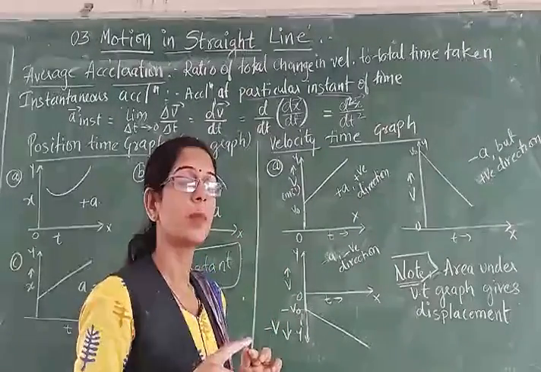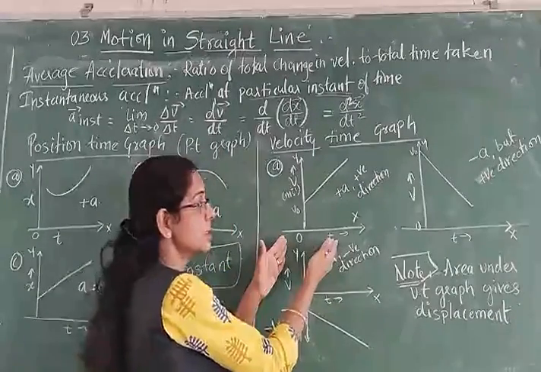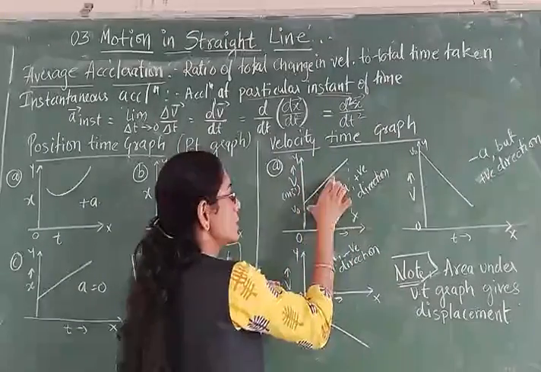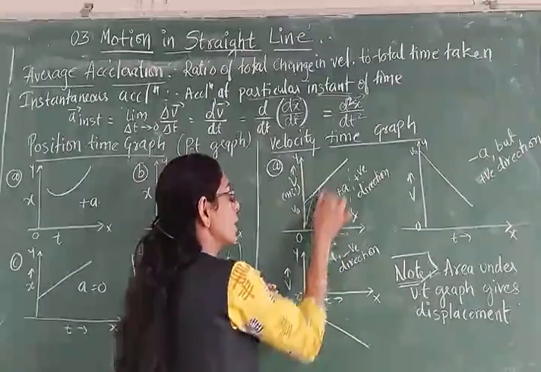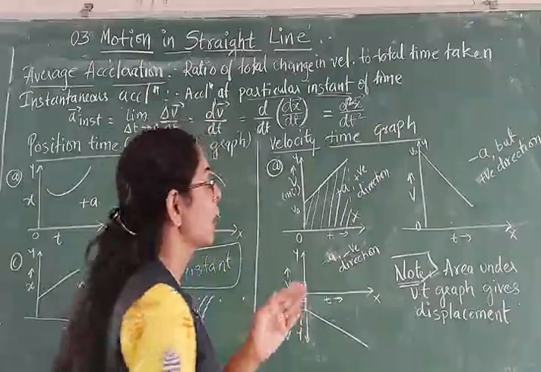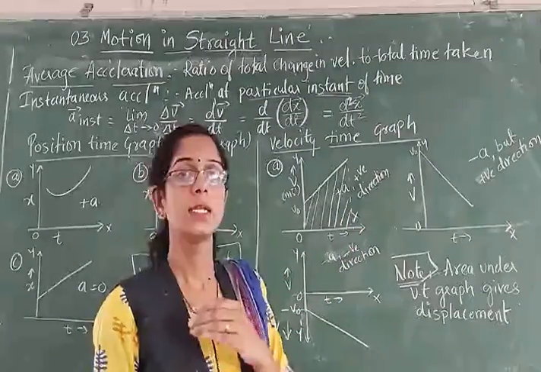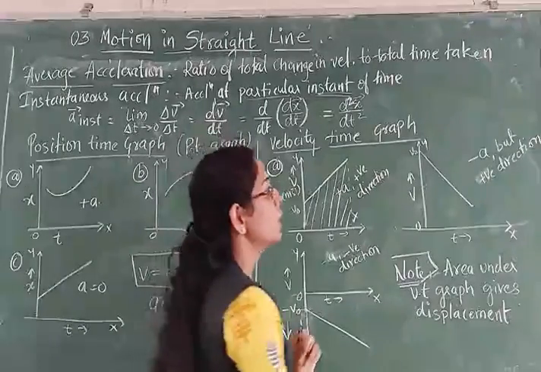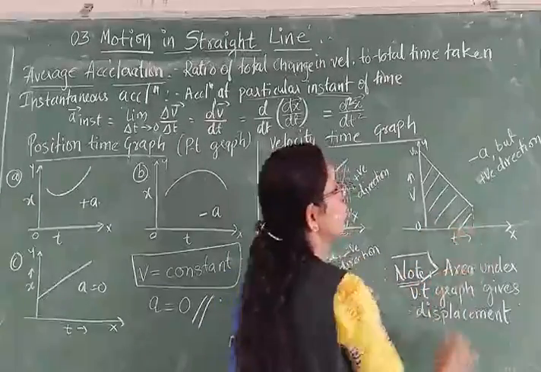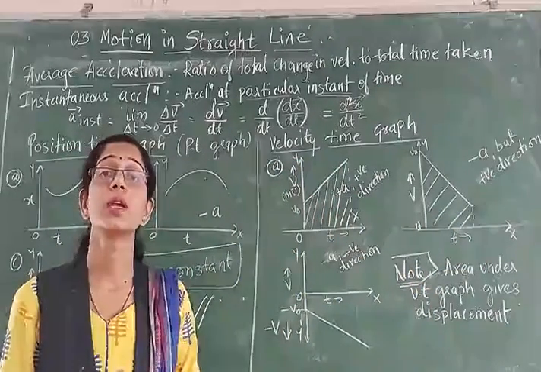If you calculate that, you will obtain the value for displacement. Now take the example for this. This is the line, and if you draw like this, this is the velocity-time curve, and this area is a trapezium structure, isn't it? Apply the formula for a trapezium, and automatically you will get the value for displacement attained by the object. Here also, this is the graph, this is your trapezium; obtain its value, and you will get the displacement of the object.